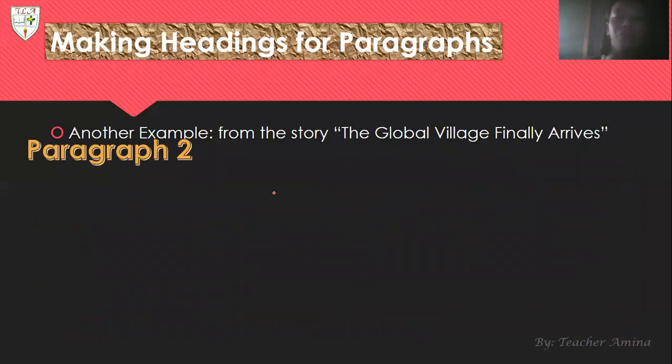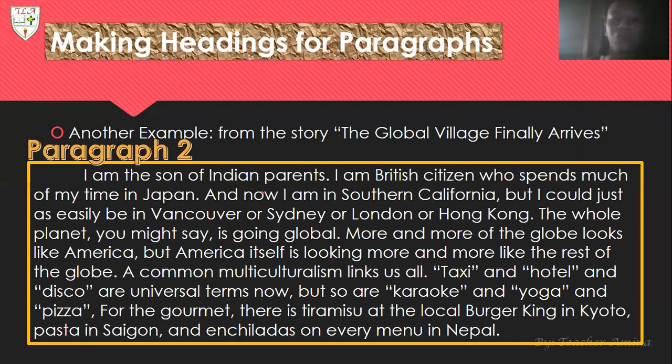Another example from the same story is the second paragraph, which is: I am the son of Indian parents. I'm a British citizen who spends much of my time in Japan. And now I am in Southern California, but I could just as easily be in Vancouver or Sydney or London or Hong Kong. The whole planet, you might say, is going global.